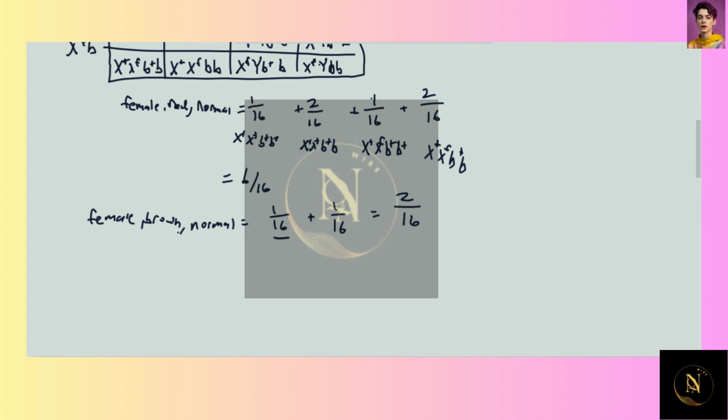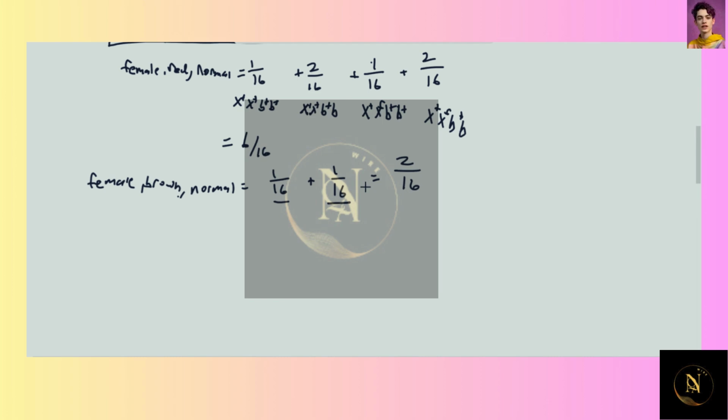This genotype was X+X^F bb, and this one was X+X+ bb. So there's 2/16 for that answer.